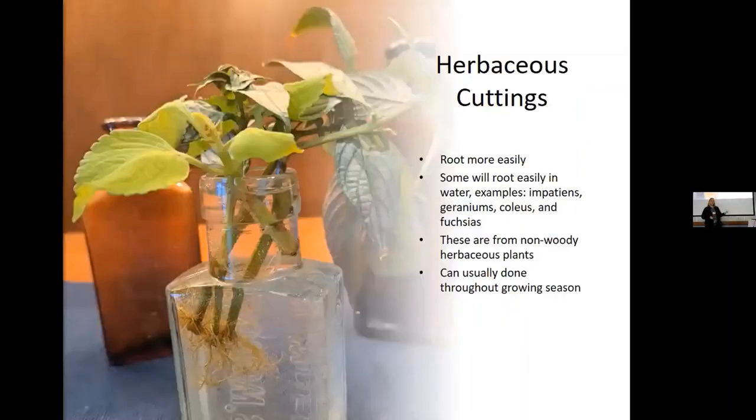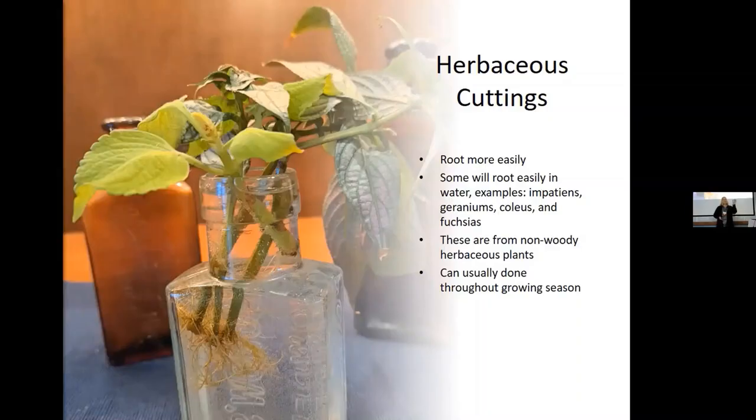So herbaceous cuttings, the first type we're going to talk about, are really herbaceous perennials, and those are the non-woody stemmed perennials. These are the easiest to root. They generally root much quicker than either softwood or hardwood cuttings. A number of these you can actually just plop in water and they will grow.